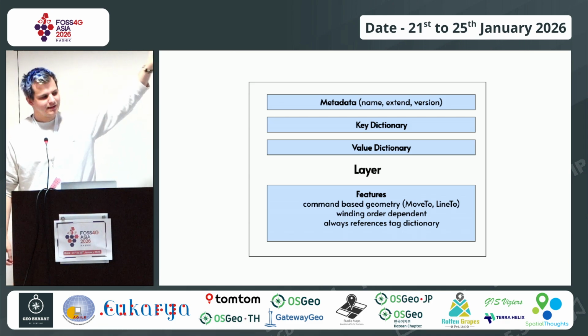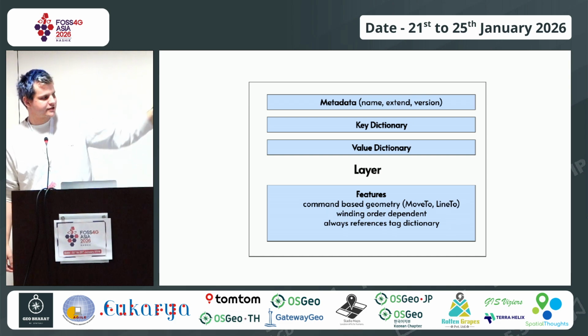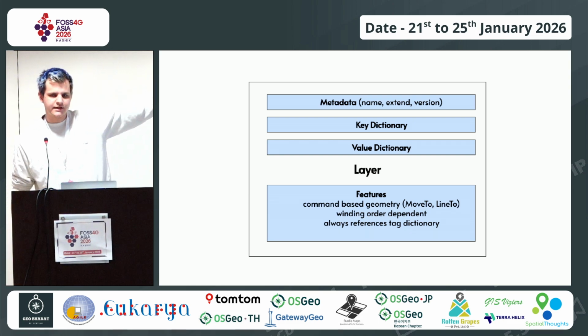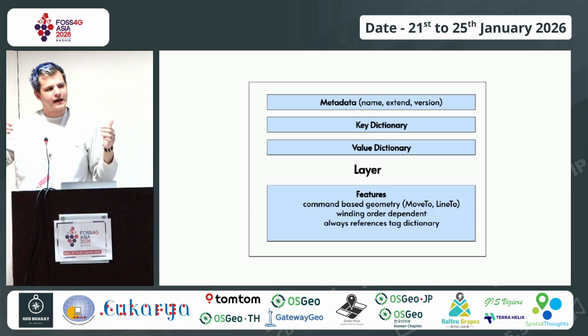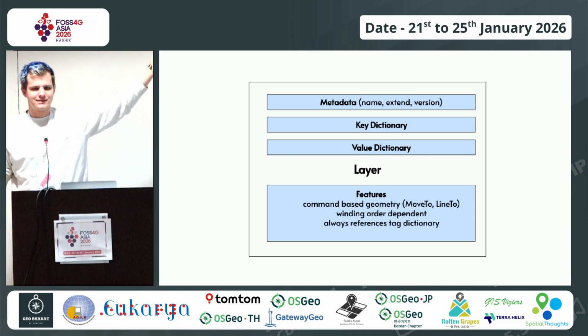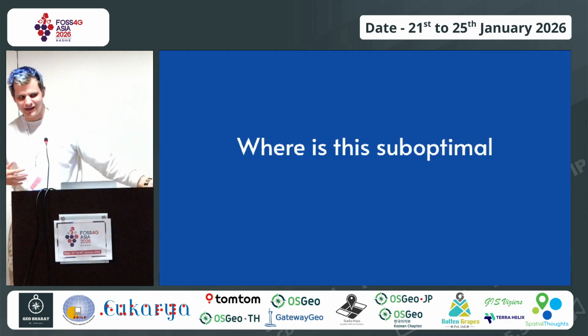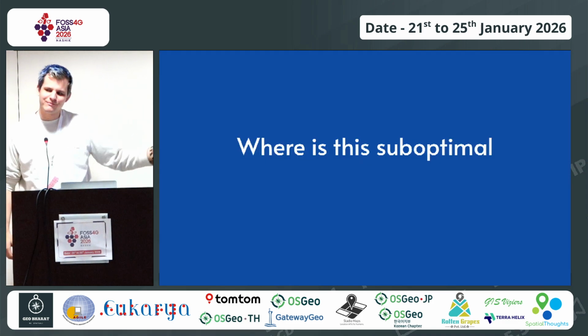For example, they all contain metadata, a key dictionary, a value dictionary, and the actual geometry features themselves. The key dictionary and value dictionary are just for not having the name field multiple times, for example, if you have multiple keys, and it's a bit more efficient this way.